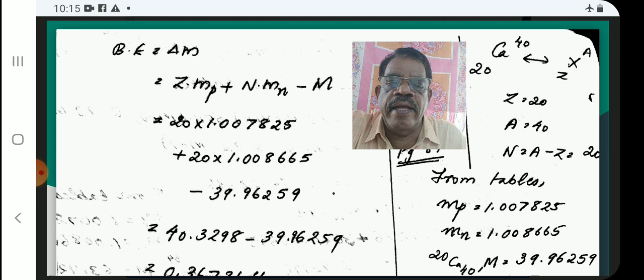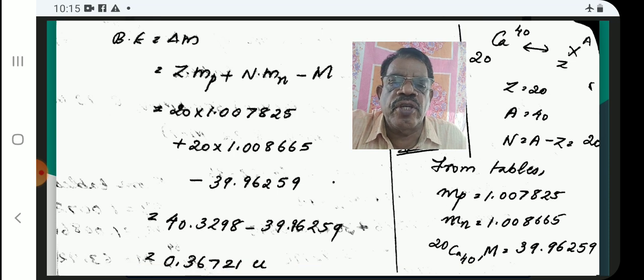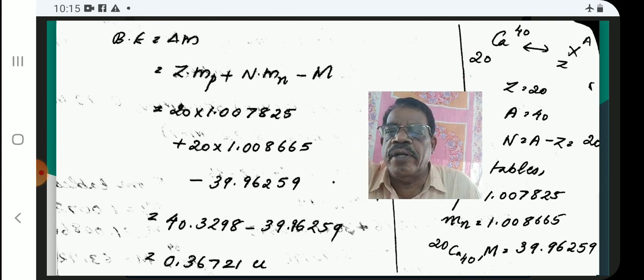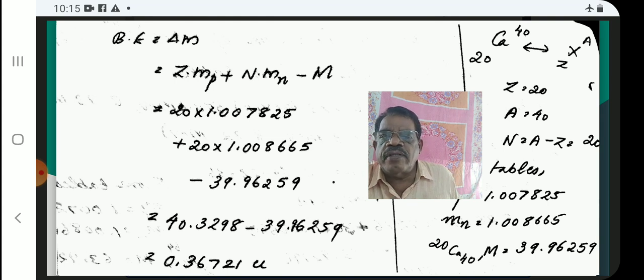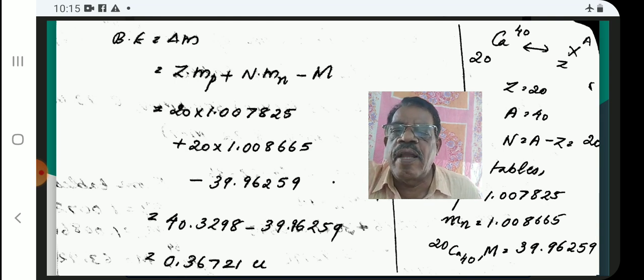From tables, the data we get: Mp is 1.007825, Mn is 1.008665, and capital M is the mass of 20Ca40, 39.96259. So you put here in the equation for binding energy, which is equal to mass defect, ZMp plus NMn minus M. Put the values.